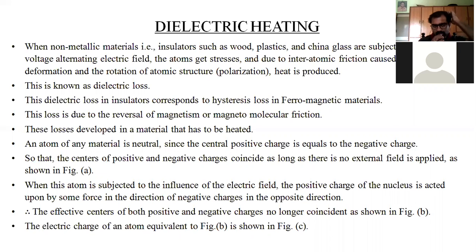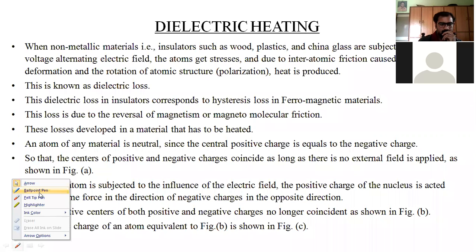The number of positive charges equals the number of negative charges, so they coincide as long as no external field is applied.